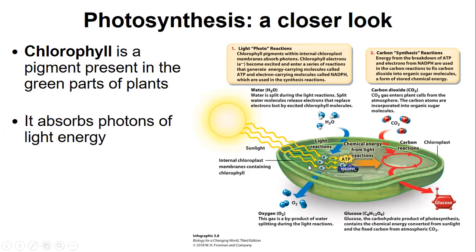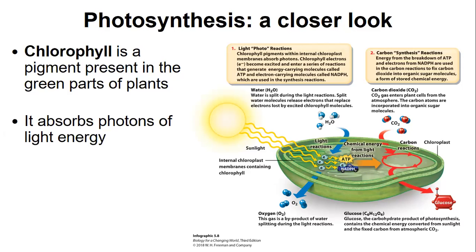So you're very fortunate that you don't have to really break it down into the nitty gritty and electron states and so forth. We're just doing the basics. So we have chlorophyll. Chlorophyll is a pigment that's present in the green parts of the plant, i.e. the chloroplast. And it's responsible for absorbing light energy, right? And then we're going to try to convert it into chemical energy so we can make that glucose.